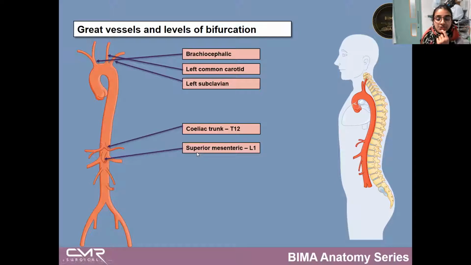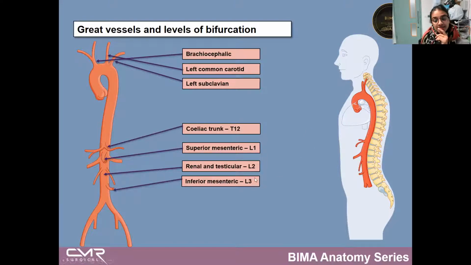Then we've got superior mesenteric at L1, and that supplies the proximal bit of your gut. Then we have the renal and testicular coming off at L2, just one level lower. Then we have your inferior mesenteric coming off at L3, and that supplies the distal aspect of your gut.